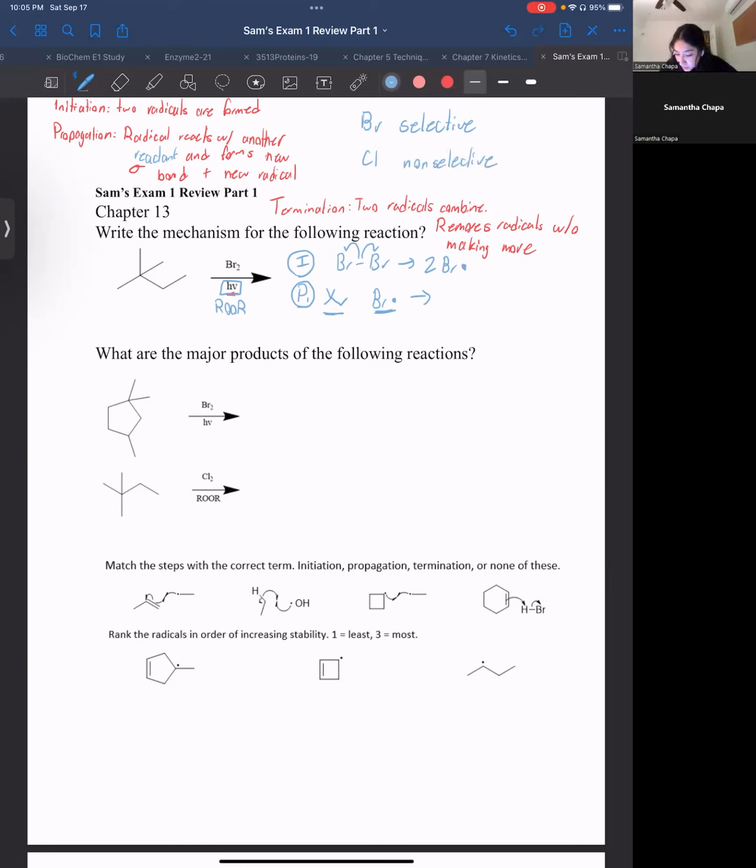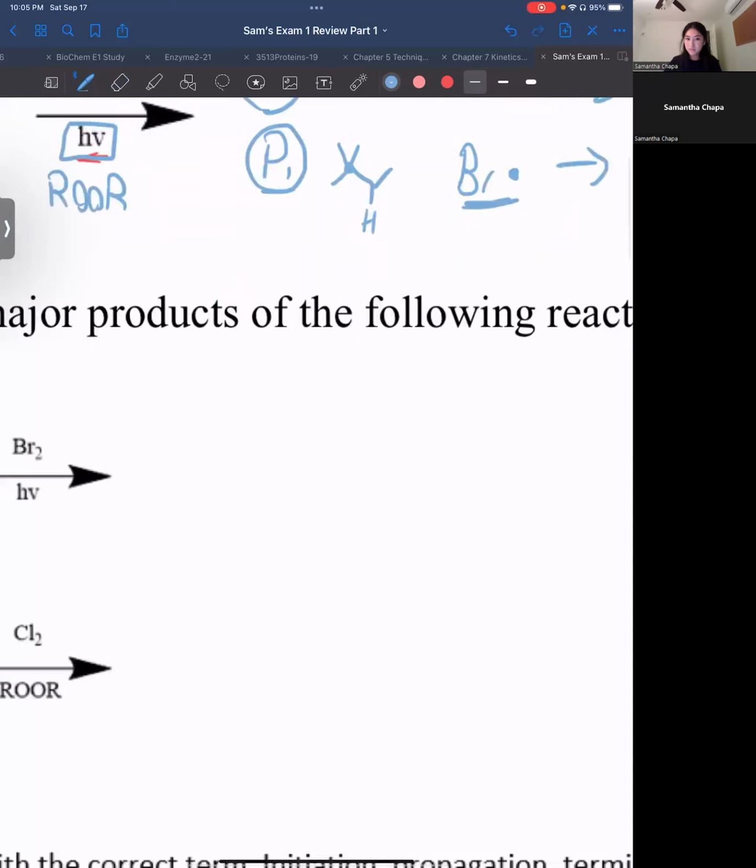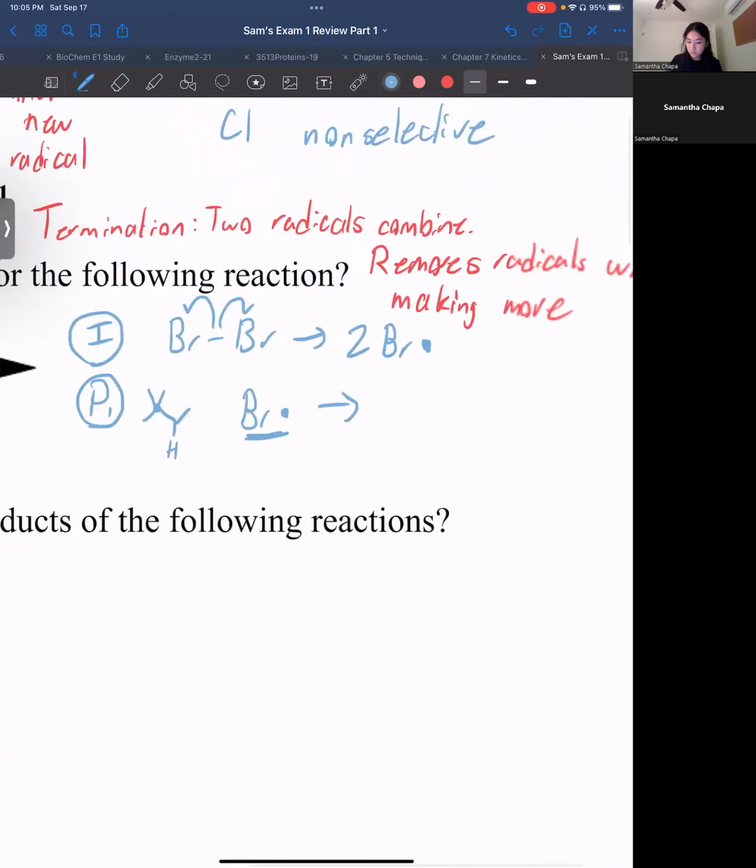So we look for our most stable CH bond on this carbon-hydrogen chain, and I'm going to say it's this one right here, because this one is disubstituted, whereas all of the other ones are primary. All the other carbons on this chain are primary. And this one right here doesn't have a hydrogen, so it's not like we can pluck a hydrogen off of that one. Okay.